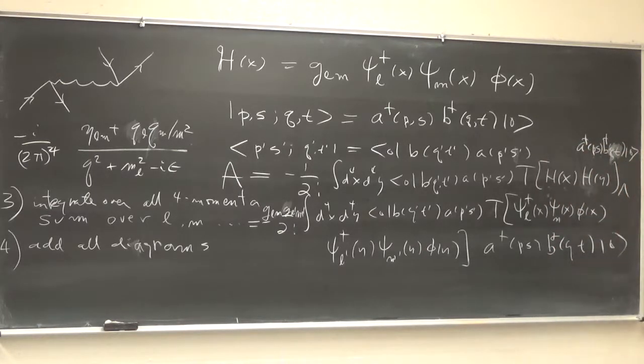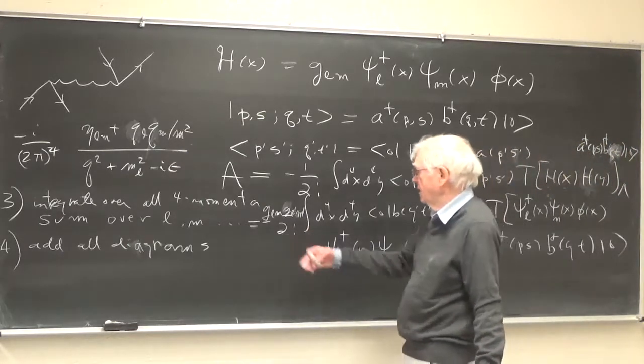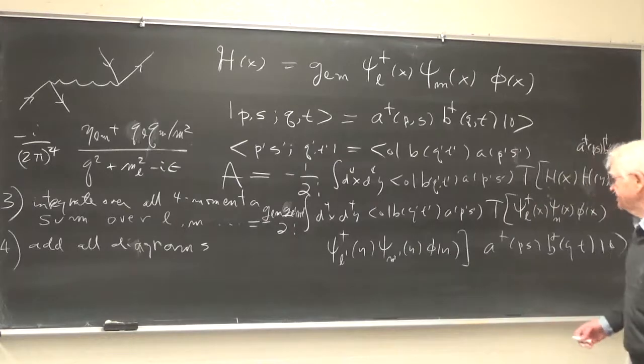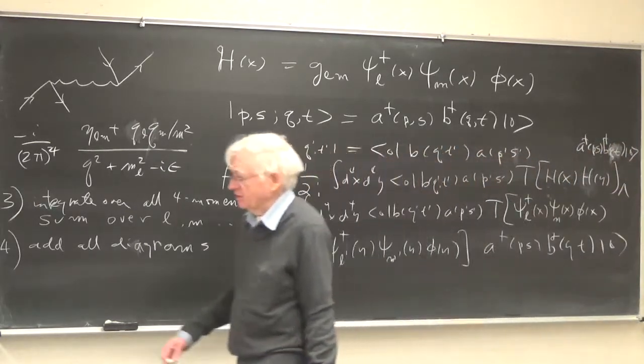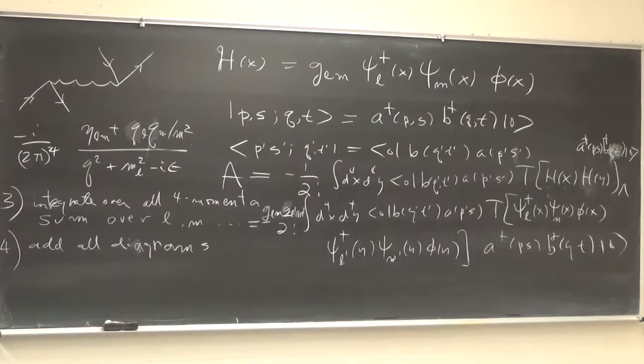So that's what we've got. And then, as usual, we cancel the 2 factorial by choosing to have the incoming particles, in this case, annihilated at the vertex Y instead of at the vertex X.